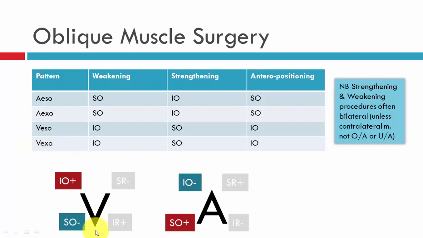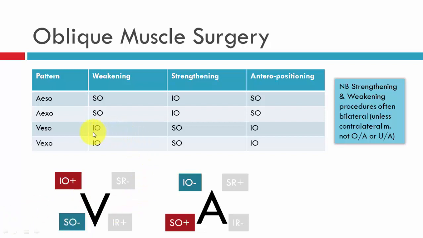Now here is the V, and what we expect from a V-ESO is generally an overaction of the inferior oblique. It's an abductor, and therefore what we'll see is, in the V-ESO, a reduction in the esotropia in upgaze. On the other hand, we have the superior oblique here, which is a minus, it's underacting, in which instance we would have a reduction in abduction in downgaze, and in this instance we'll get an increase in the ESO.